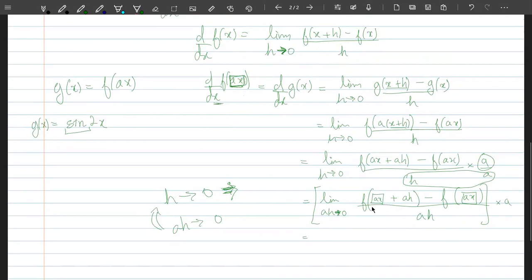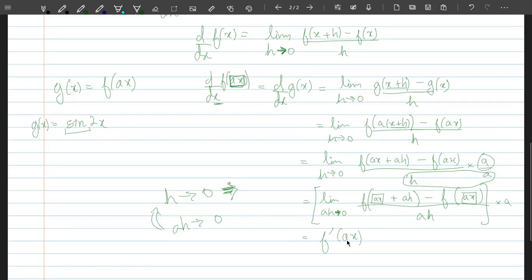Only that I have ax here instead of x. Ah can be thought of as a new variable k if you prefer. So you can say limit k tends to 0, f of ax plus k minus f of ax by k. That is of course the derivative of f of ax with respect to ax. So that is the difference.